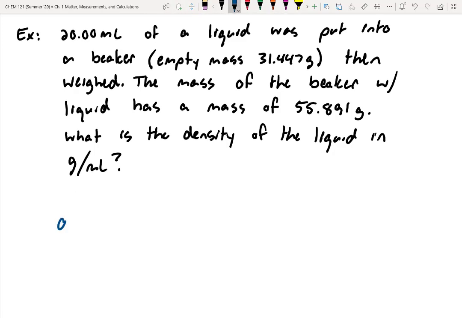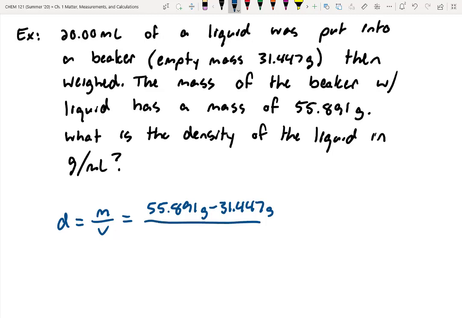So we know that density is going to be equal to mass over volume, right? So let's first find the mass. Well, we know the mass of the full beaker was 55.891 grams, whoops, flip those numbers, 55.891 grams. However, we had this empty mass up here that we need to account for, so I'm just going to subtract that out all in one equation. 31.447 grams, and I'm going to divide that by the volume, which in this case is 20.00 milliliters.